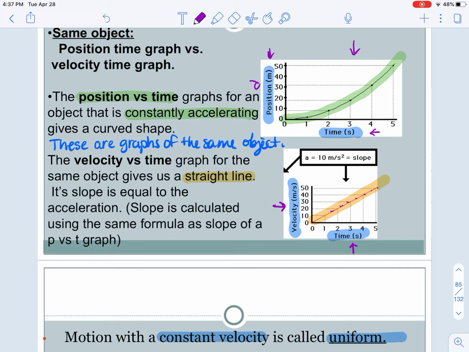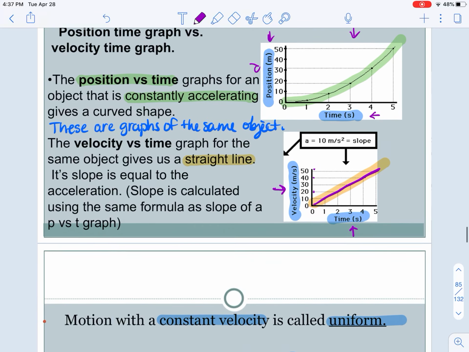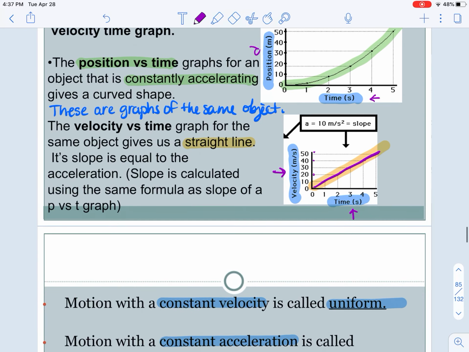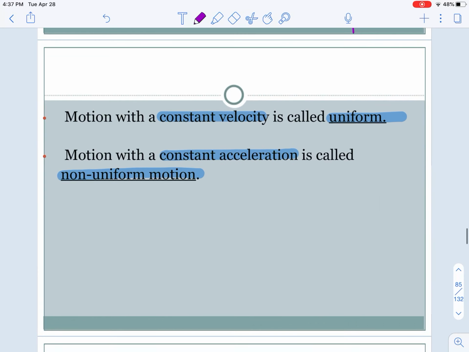So you guys can sketch these two and just remember that position is basically distance, but the distance-time graph if you're speeding up is curved. The velocity-time graph if you're speeding up is a straight line, but it still shows you're speeding up because, as you can see, you're going 20 meters per second, then 40, then 50, so you are speeding up. And it would be a straight line just because it's showing you velocity going up.